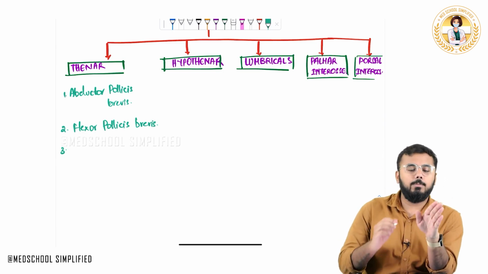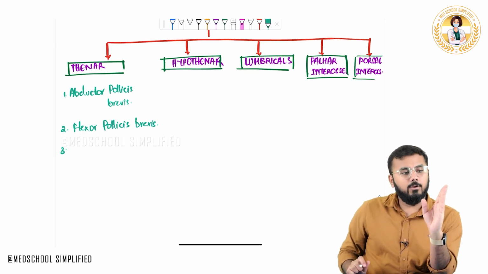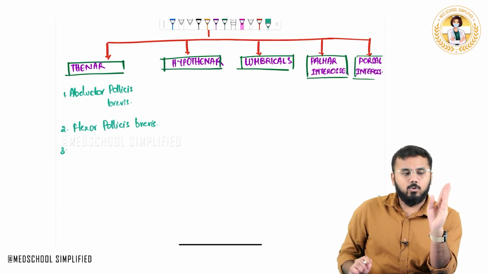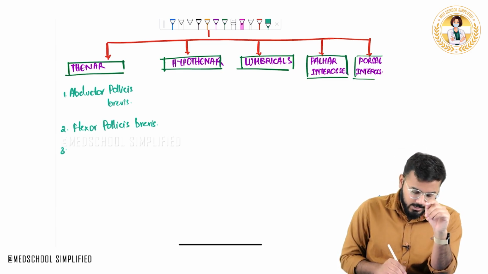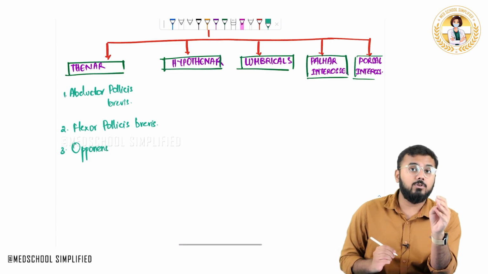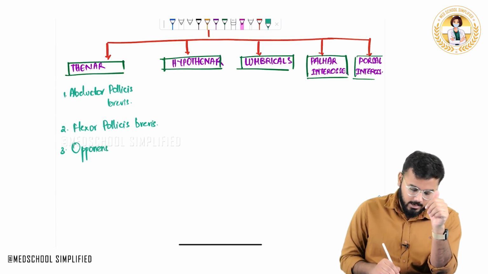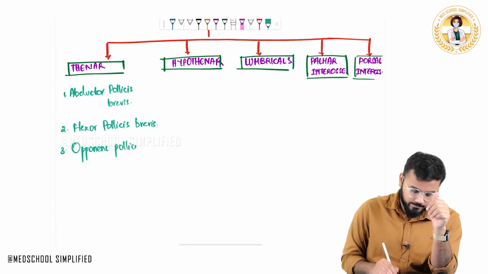The third important thing is that if you look here, I can count. You see, my thumb is going towards each finger. I can count all my fingers. This action is called opposition, and the muscle that is involved is opponens. Opposition of what? Pollicis. So opponens pollicis.